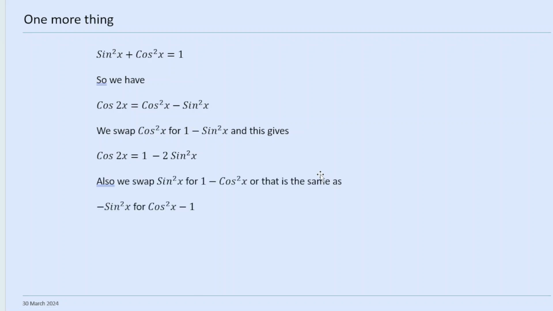Also, sine squared x is 1 minus cos squared x. Or put it another way, minus sine squared x is cos squared x minus 1. So what we can do is replace this minus sine squared x here with cos squared x minus 1, which tells us cos 2x equals 2 cos squared x minus 1. Yay, how interesting.